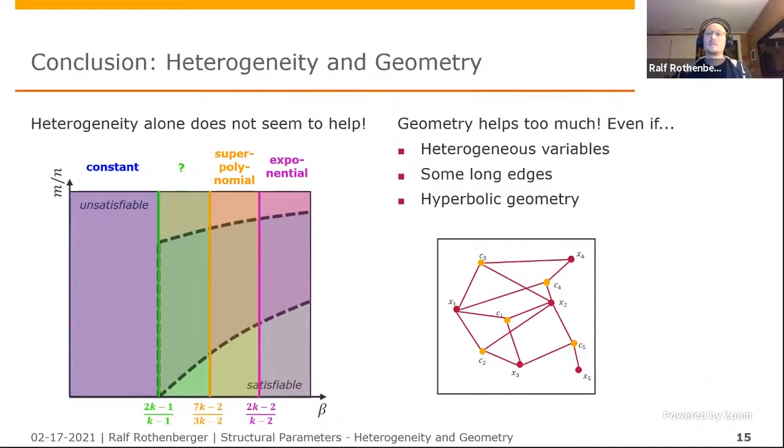And this also holds if you have heterogeneous variable distributions, like a power law distribution, if you have moderately many long edges or random edges, and it holds for many different geometries: d-dimensional tori, d-dimensional hypercubes, and also hyperbolic planes. So this was our take on heterogeneity and geometry.